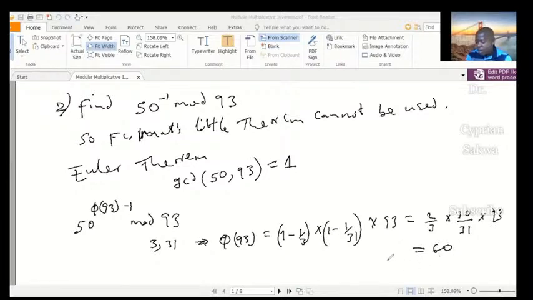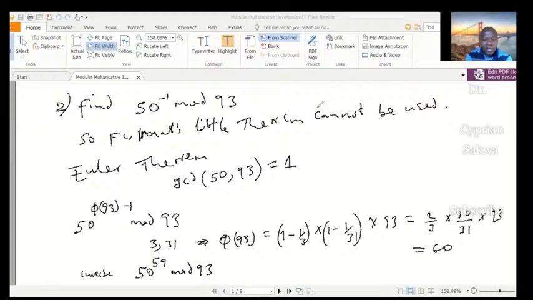So the Euler phi of 93 is 60. That means the inverse will be given by 50 raised to 60 minus 1, which is 59, mod 93. So 50 raised to 59 mod 93.